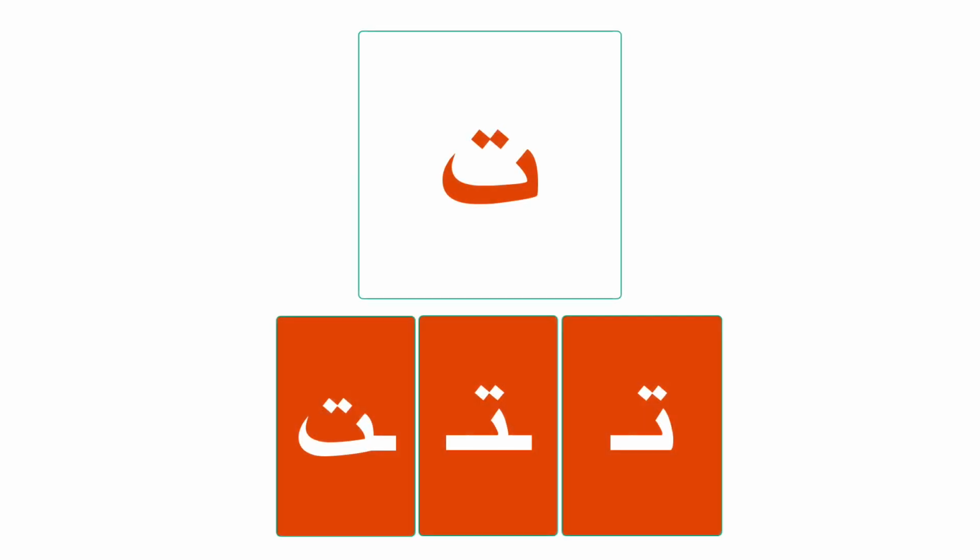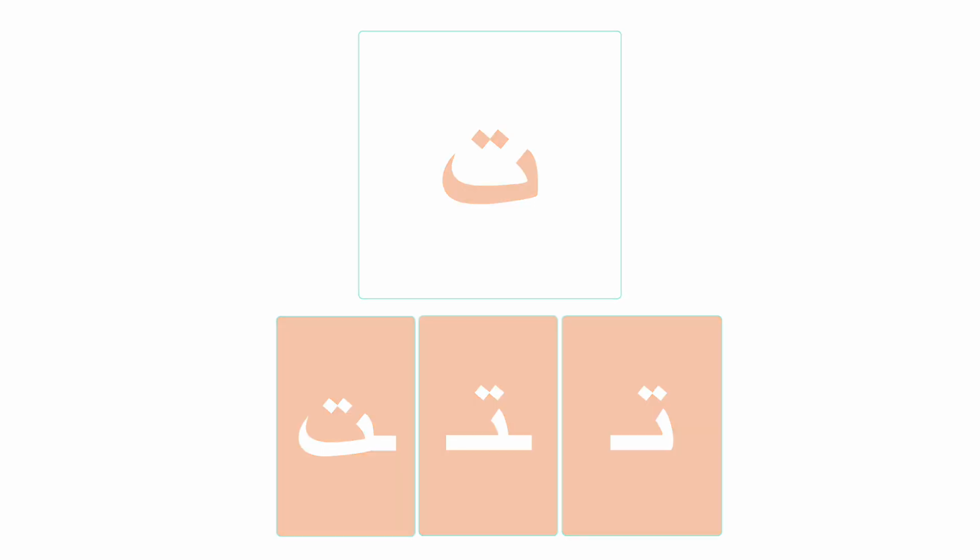So our first exercise: how do we write the ta? Yes, exactly. The ta is like a plate, and we have two dots above it beside each other. This is how we write the ta.